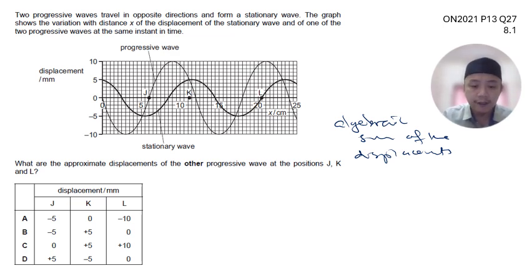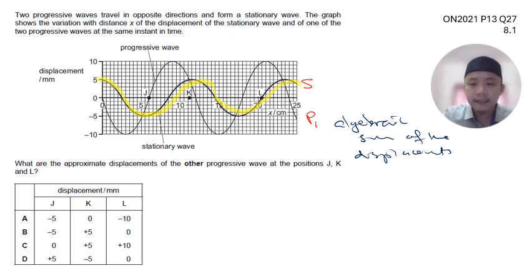So what we have here is basically two waves. Let me just highlight. We have here the resultant stationary wave. That means it is the resultant of the superposition between two progressive waves. Let's label this as the stationary wave, and then we have another one, which is the progressive wave P1.